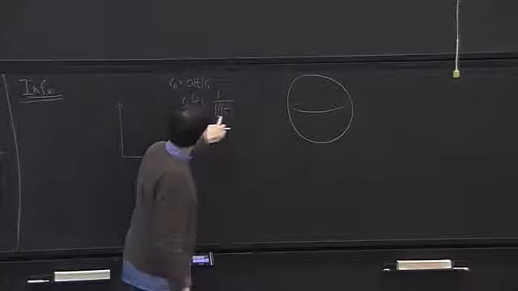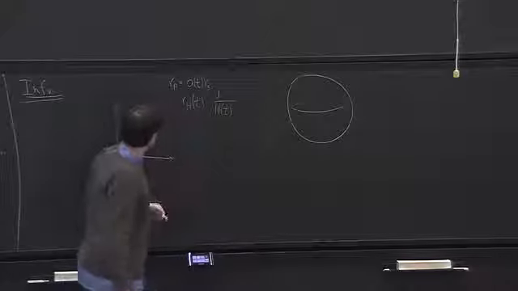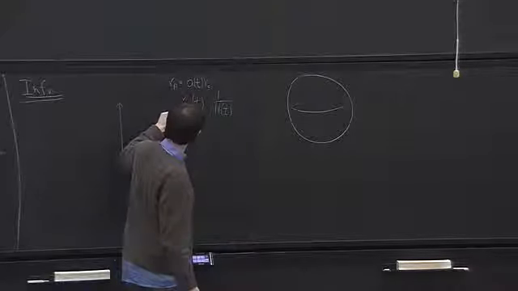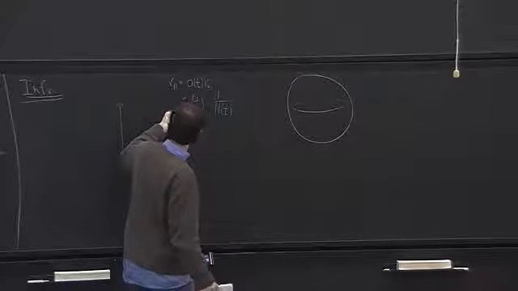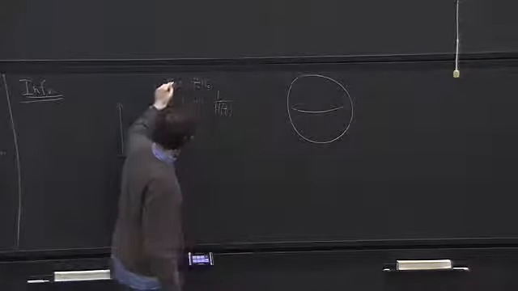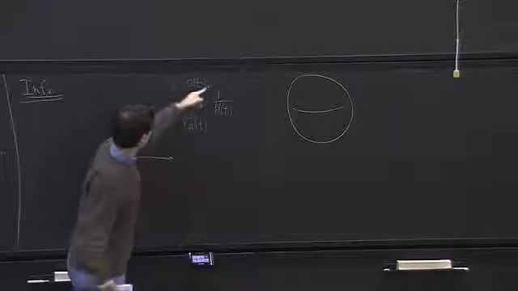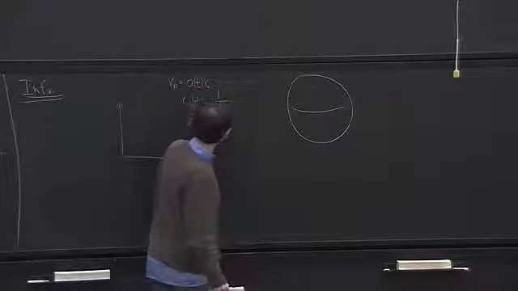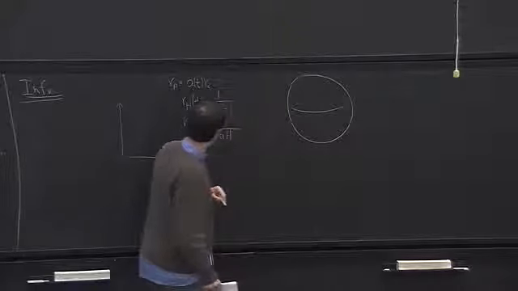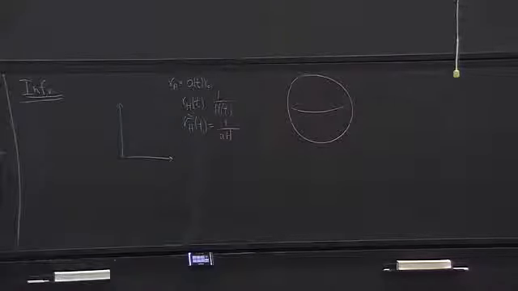So this is a physical distance. I can convert it to a co-moving distance, so the co-moving Hubble radius, let's call that r hat. Just like with any physical distance, I divide by a to get the corresponding co-moving quantity. So the co-moving Hubble radius is 1 over aH.